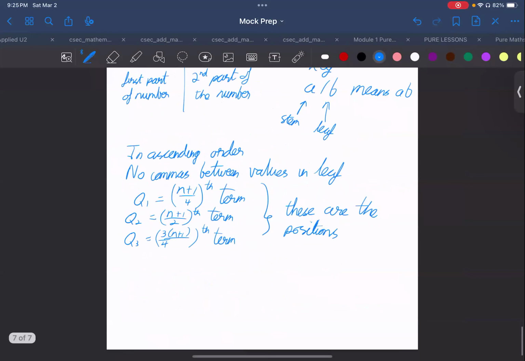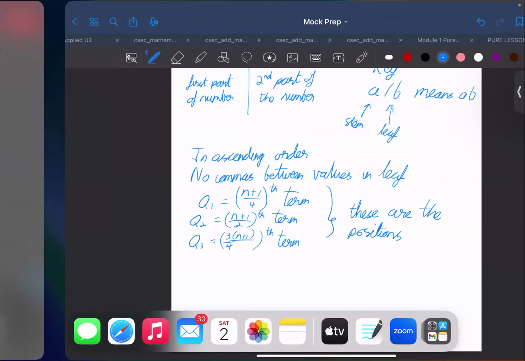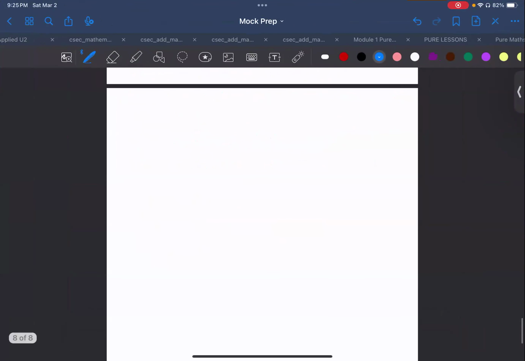Actually, we will do the box and whiskers one time too. So box and whiskers. Right, it looks something like this.